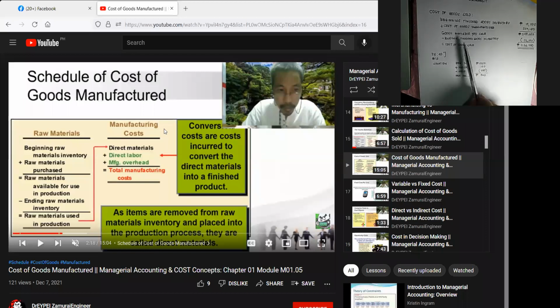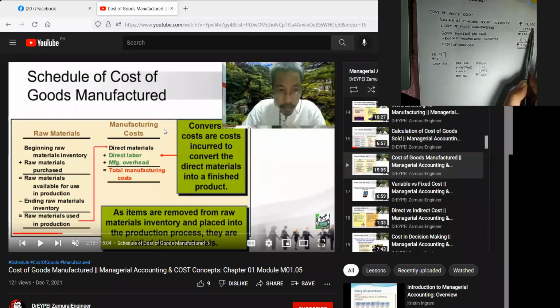Again, manufacturing cost is cost of goods manufactured. How to compute this one? How did we arrive at this amount? This is how we arrive at that amount. We computed raw materials used from this format. How?